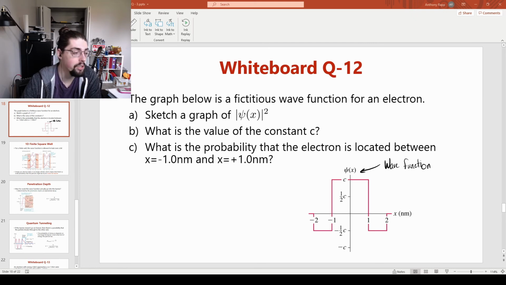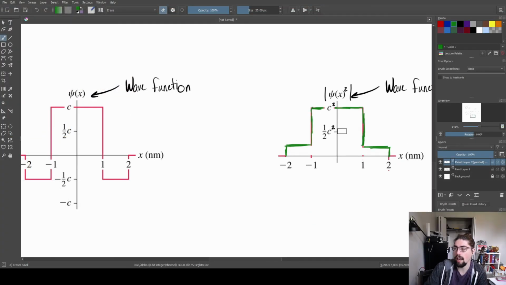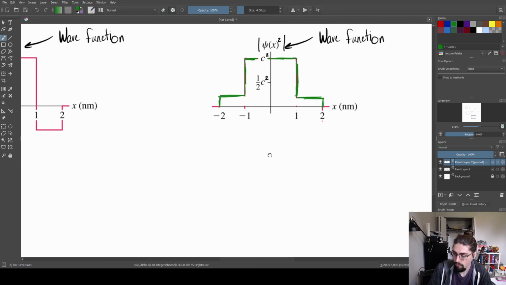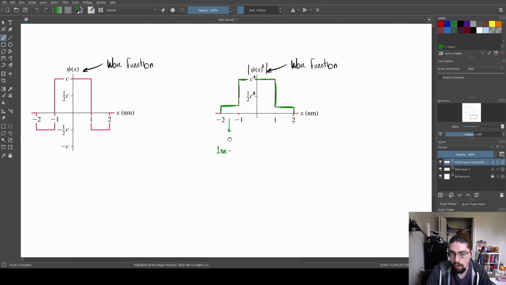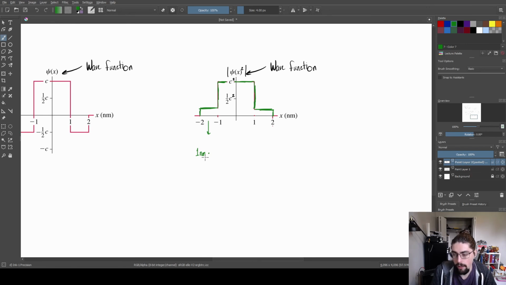That means if I take all of these different parts and add them all up together, namely, if I look at this spot right here, for a length of 1 nanometer times 1/4 c squared, plus my center section, which is just a full 2 nanometers times c squared.